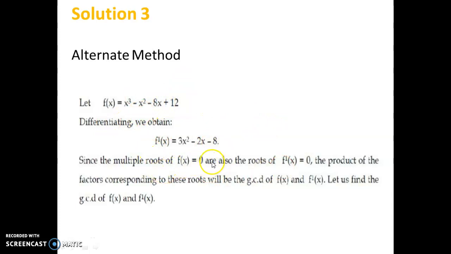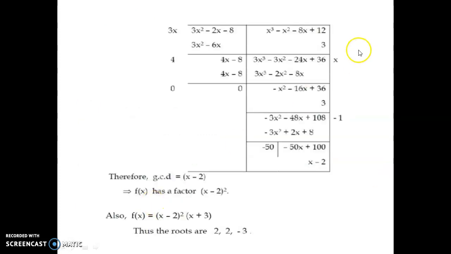Since the multiple roots of f of x equal to 0 are also the roots of f dash of x equal to 0 by the theorem, the product of the factors corresponding to these roots will be the GCD of f of x and f dash of x. Now we can find the GCD of f of x and f dash of x by the division technique. Then you will get the GCD of f of x and f dash of x as x minus 2.